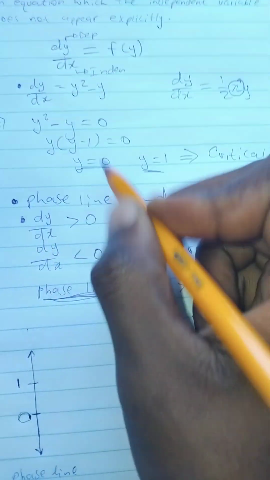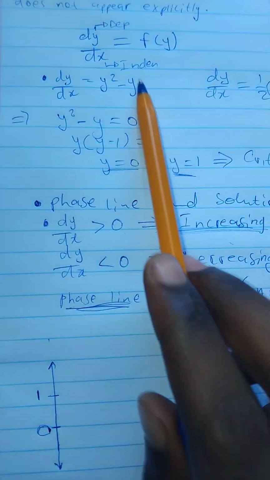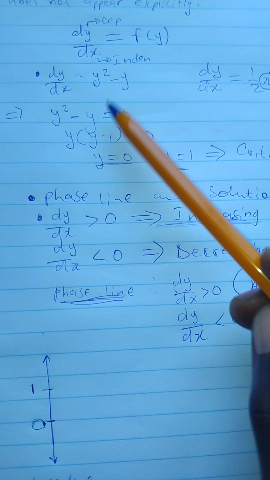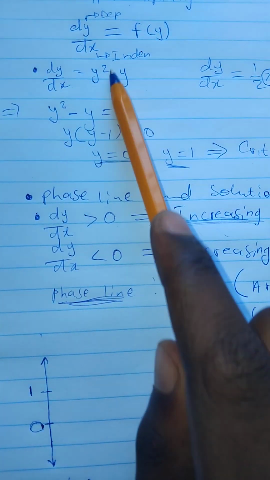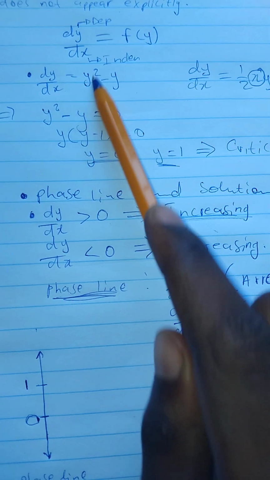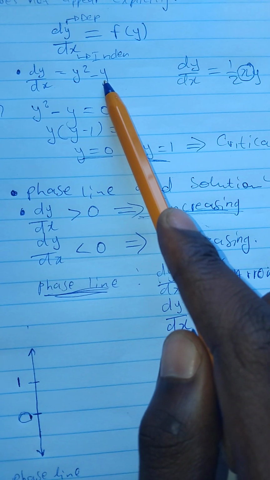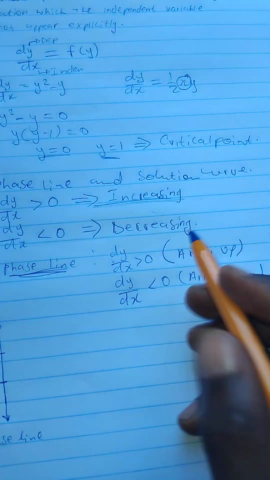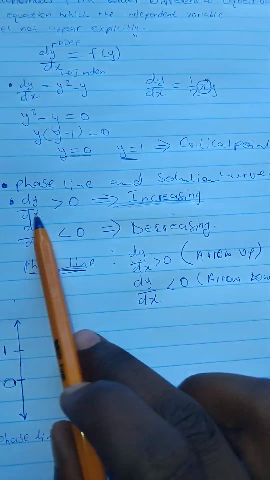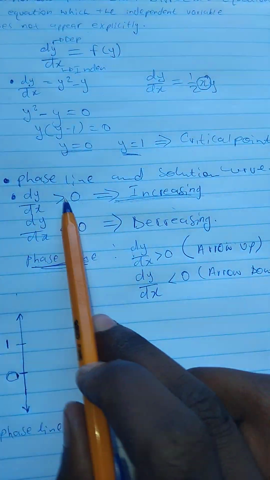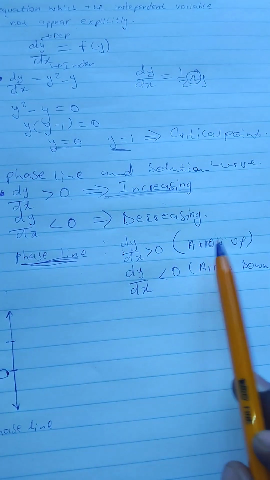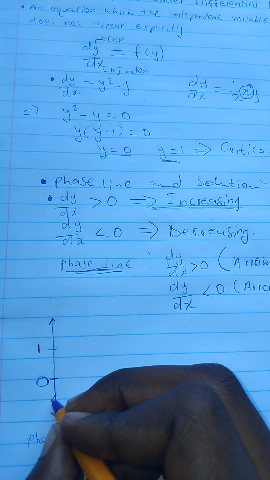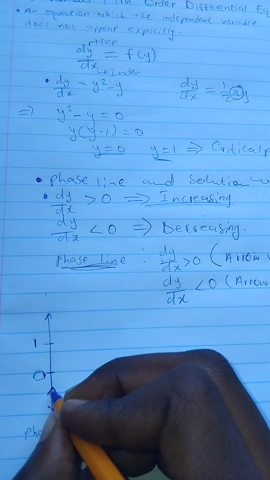In our function, if we substitute any number less than 0, any negative number, y squared will always be positive. However, this side is negative, and negative by negative is positive. Okay, that means it is increasing, and if it's increasing, we know dy/dx is greater than 0. And we know for the phase line that means our arrow has to face up. Okay, so for anything less than 0, the arrow faces up like this.